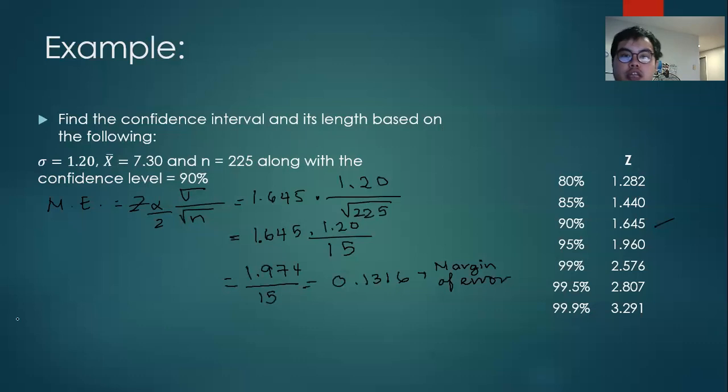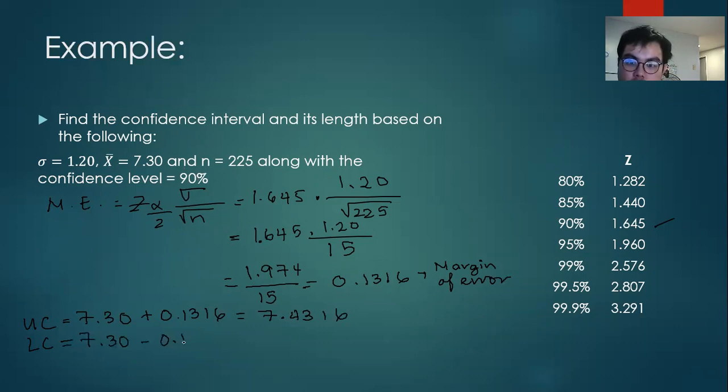In order to get the upper bound and the lower bound, to get the upper bound, all we have to do is add the sample mean with the margin of error. Adding this, it will become 7.4316. In order to get the lower bound, we're going to subtract the margin of error from the sample mean.